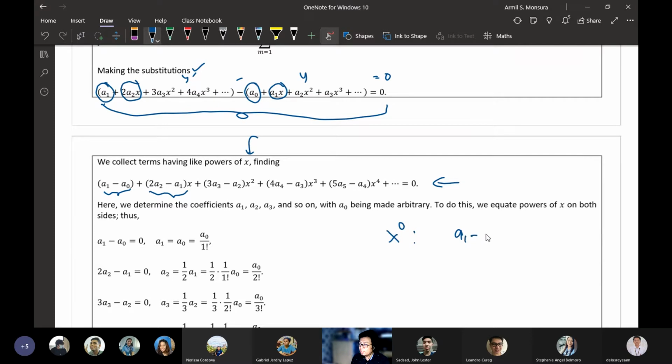Tapos, x raised to 1, which is 2a2 minus a1. Ganito yung presentation niya sa mga susunod na examples. Dito kasi medyo hindi pa ganun kahirap tong example na to, so that is why present ko muna siya this way. Basically, the idea is to combine the like powers of x. Okay? Nasusundan pa ako?